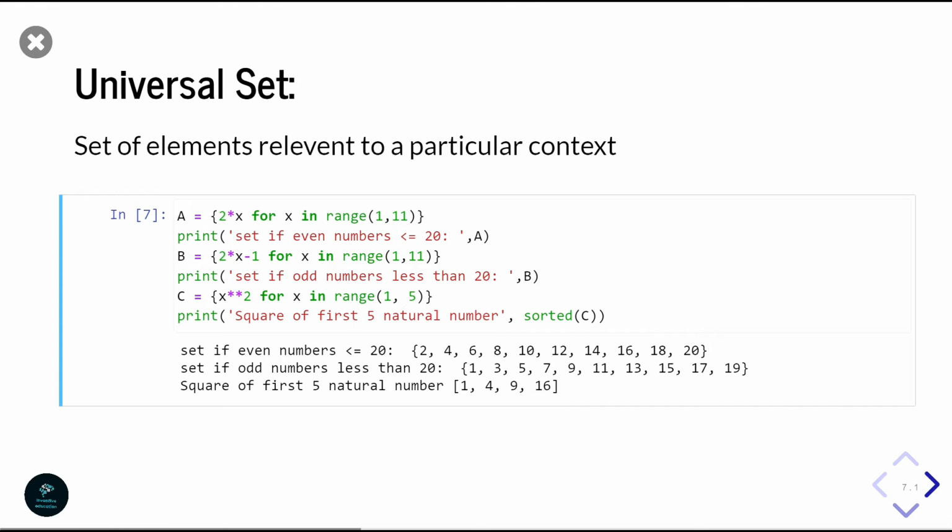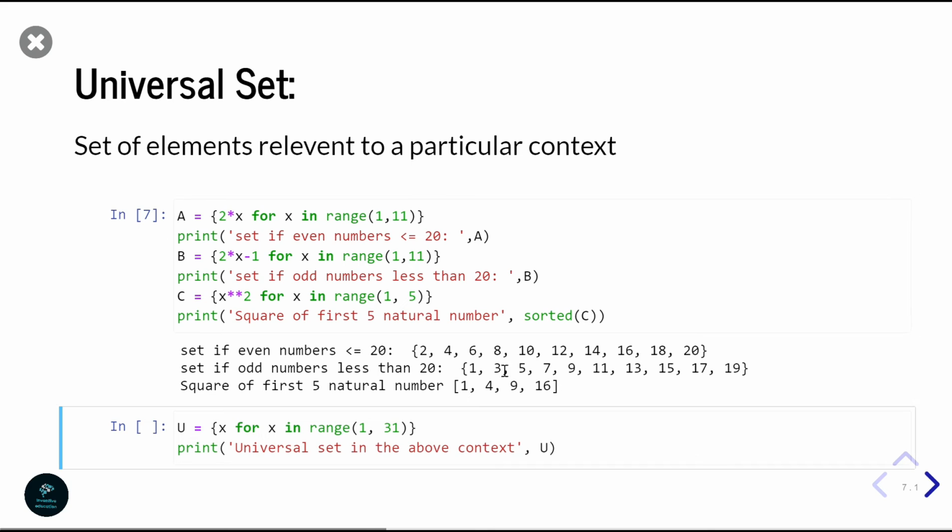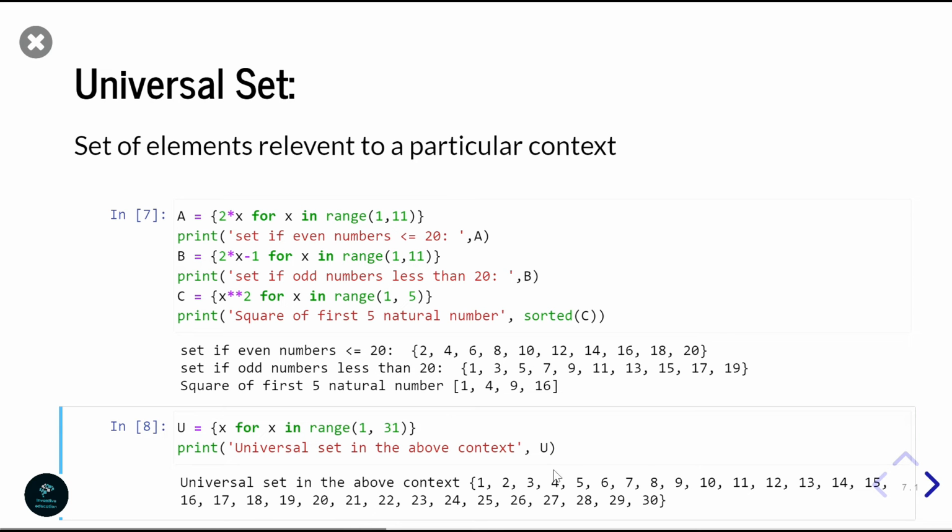We can see here that the elements of all these sets are less than 20. So for this case, the universal set can be a set of natural numbers less than 30. Therefore, we can create the universal set like this: u is equal to x for x in range 1, 31. And if we print it, we get this result.